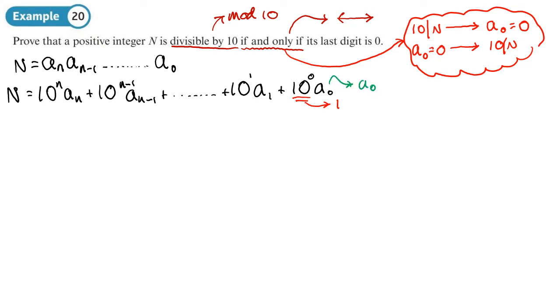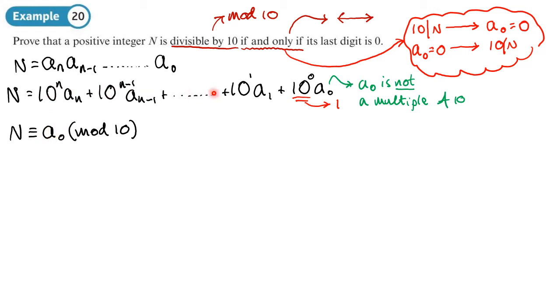Okay, so a0 is not, like all the other terms, a multiple of 10, and that's crucial to writing our proof for this. So n under mod 10 is going to be equal to a0, because under mod 10, sorry, this is going to be the only term that's not divisible by 10.